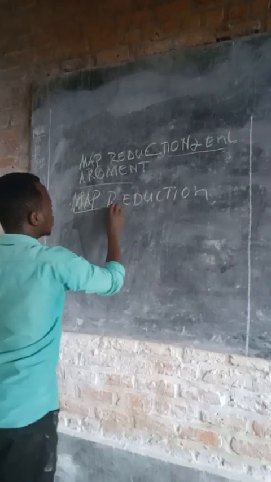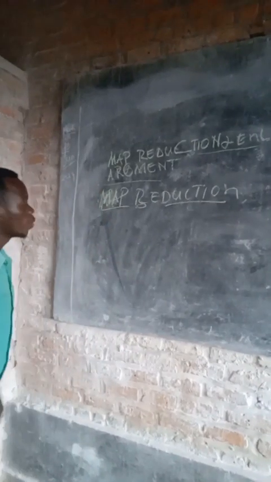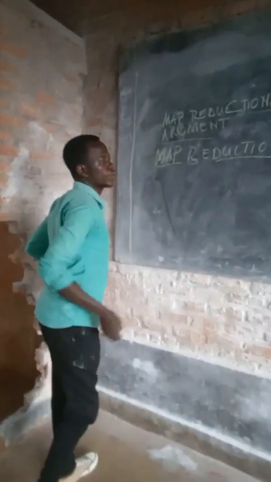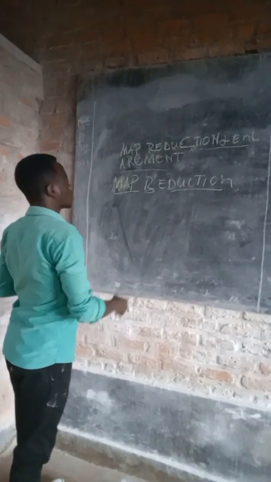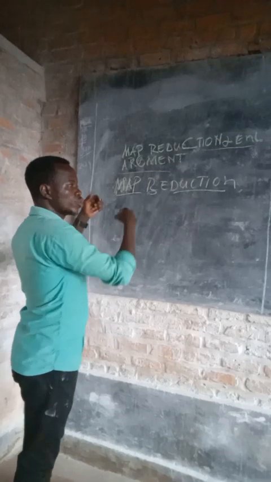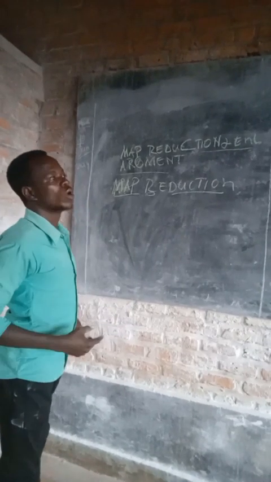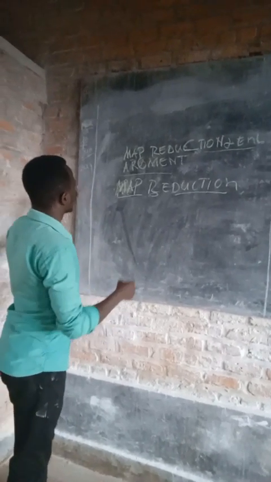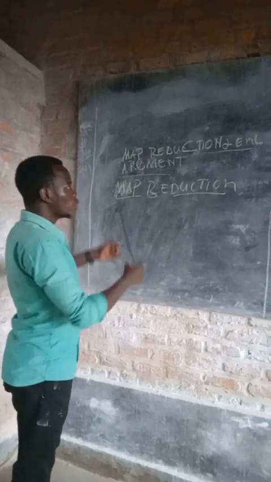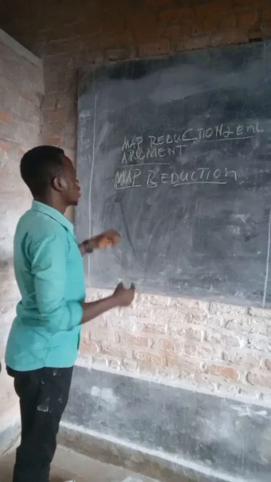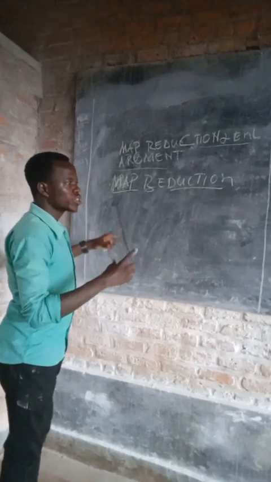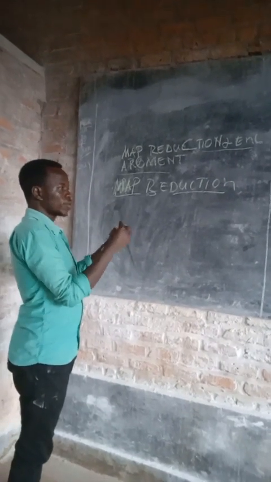Map reduction. First of all, we have what we call the base map. The base map is the map which was made according to the purpose to be performed. So then we take this map with its original size, and then we reduce it to a smaller size.